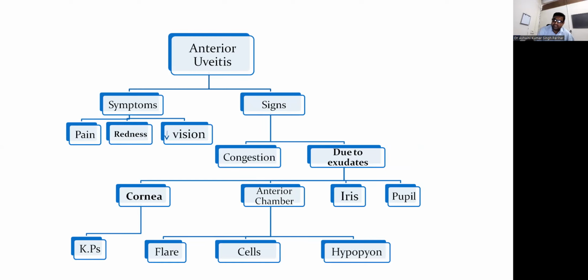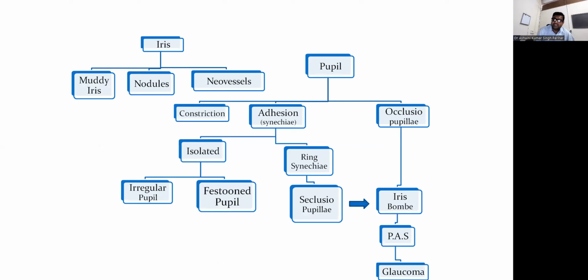If exudates are there on the iris and pupil, we'll see in the next slide. The patient will develop nodules over the iris, or sometimes neovascularization, or the iris is stuck with the exudates that will lead to a muddy iris. In pupillary involvement, if adhesions are formed, there are partial isolated synechiae or there is a ring synechiae.